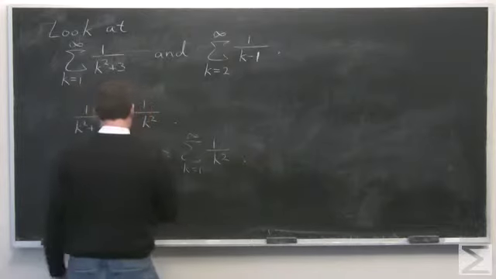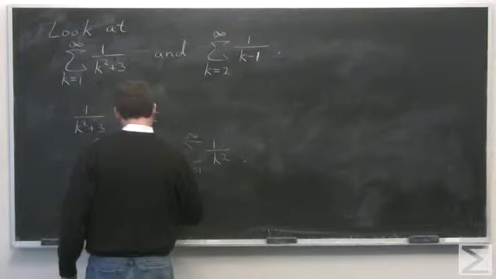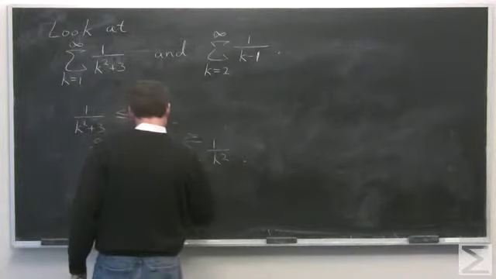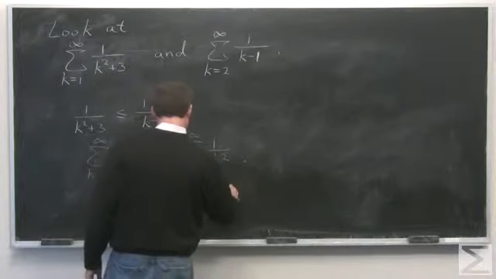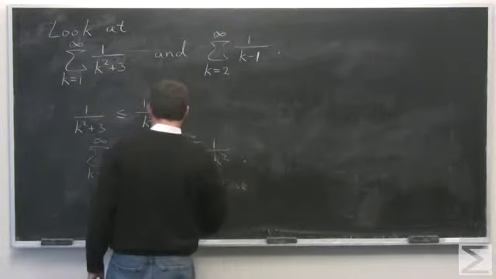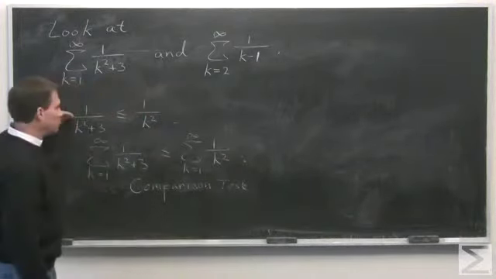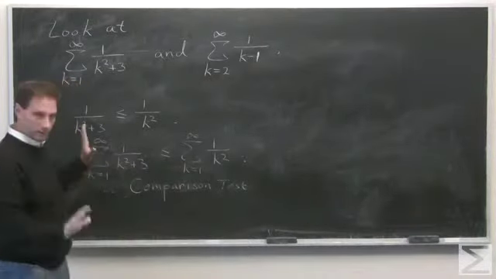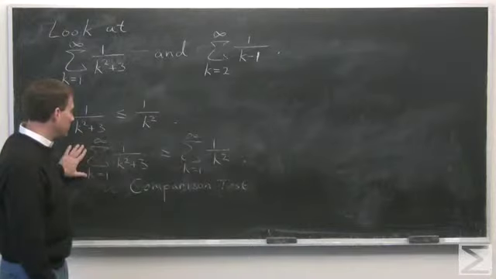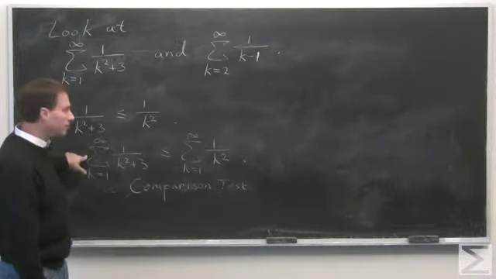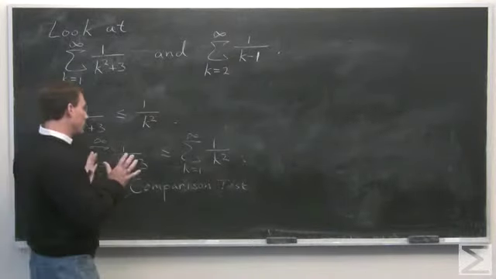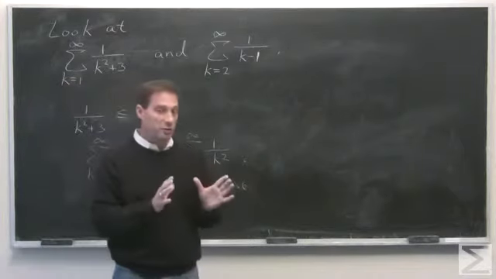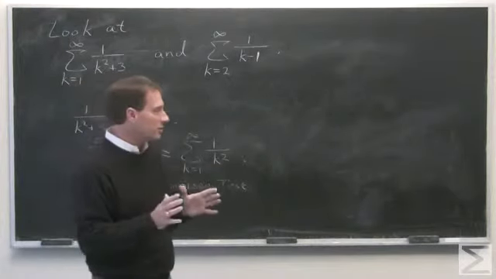What we've just done is called the comparison test. It's a very simple test. If you're term for term less than or equal to something that gives you a convergent series, this is all for non-negative series, then the series has to converge. And there's nothing deep going on here except what I told you at the very beginning about non-negative series.